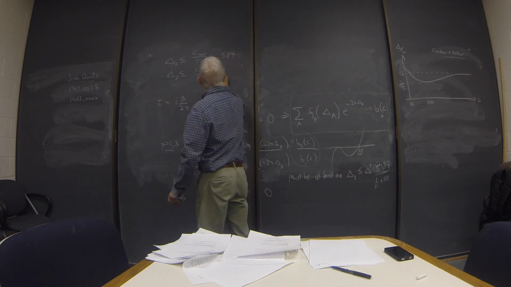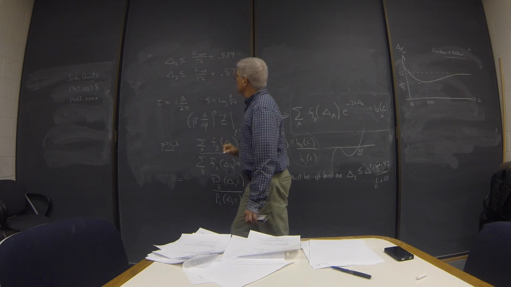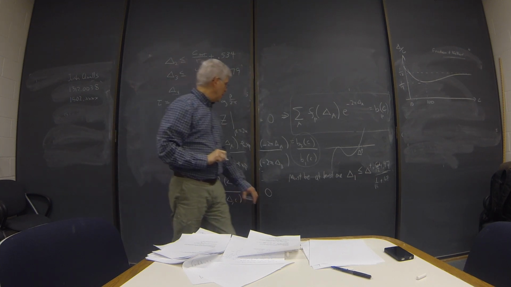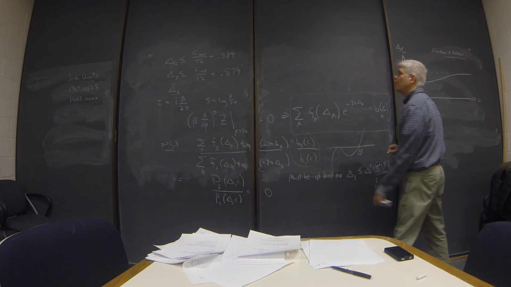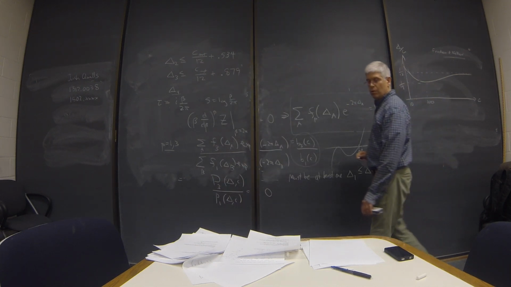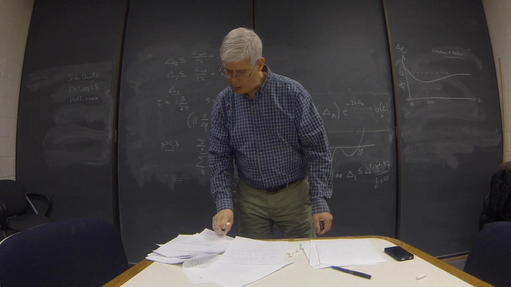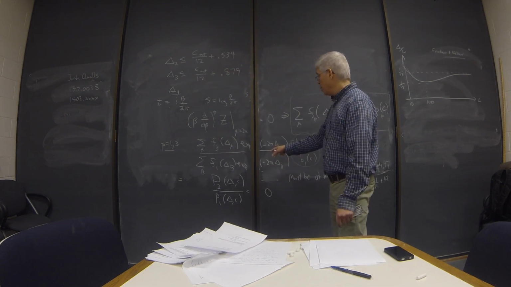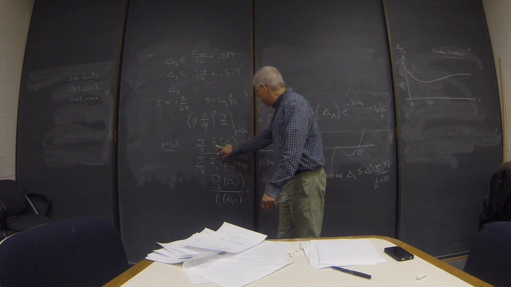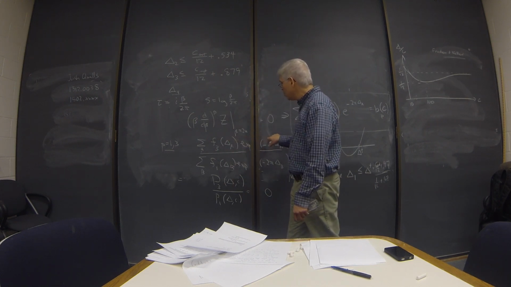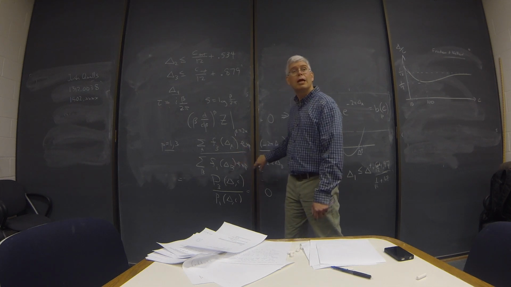This is point 879. But then for delta 4, we ran into a little problem. It turns out that the argument here breaks down, because in order for this to work, we needed to have not only the numerator be positive, but also the denominator.